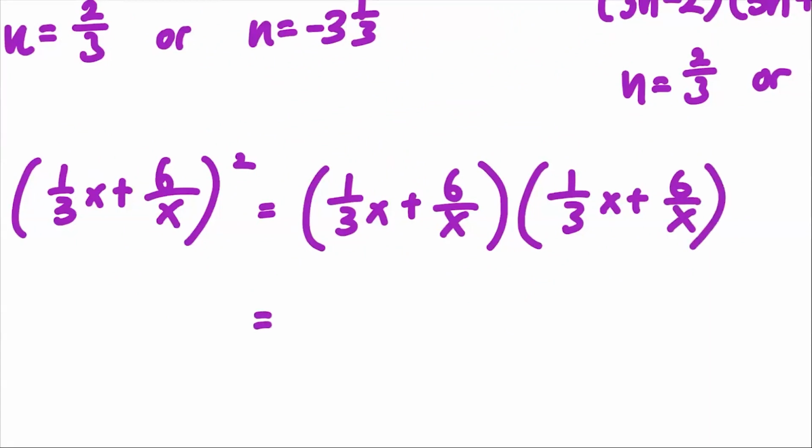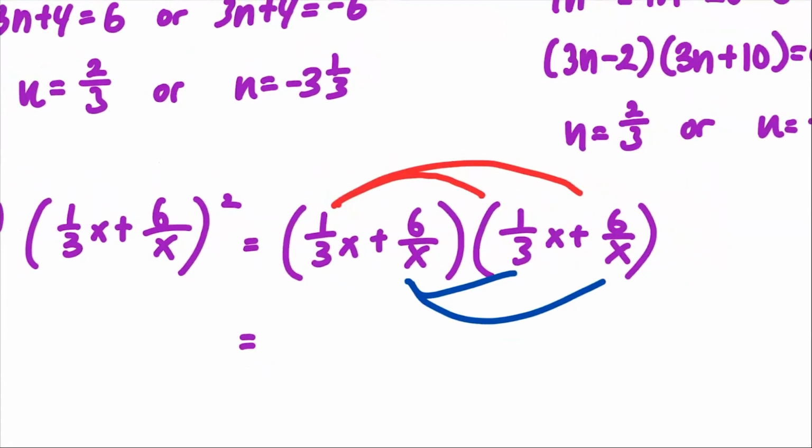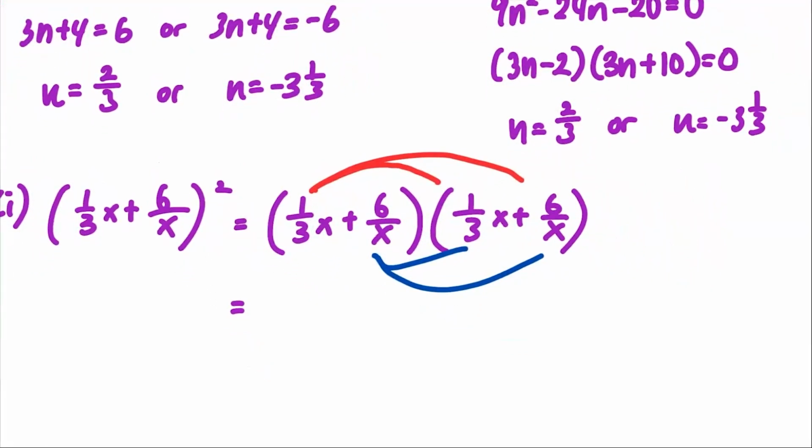We're going to expand using the rainbow. So this, this, and this. Follow the rainbows. 1/(3x) times 1/(3x) is 1/(9x squared). The next one is a bit challenging: 1/(3x) times 6/x. The value is 2. Let me explain why very quickly.